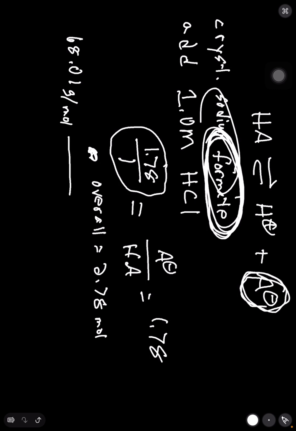All right. We know we want 2.78 moles of sodium formate, and we're trying to figure out how many grams that would be. So let me punch that out real quick. Comes out to be 189.1.